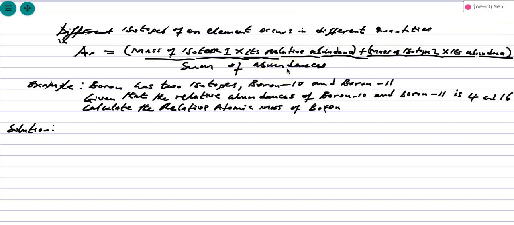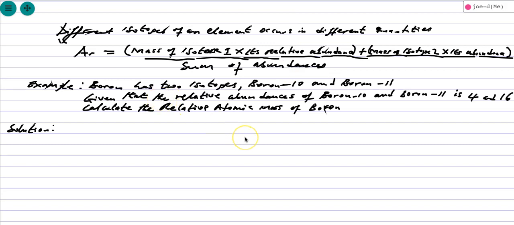Okay, so if an atom has, let's say, 2 isotopes, carbon-12 and carbon-13, and 10% of the atoms you come across are carbon-12, multiply 10 by 12, and 90% of carbon you come across is carbon-13, multiply 90 by 13. Then you divide that sum by the sum of the abundances, which in most cases will be 100.